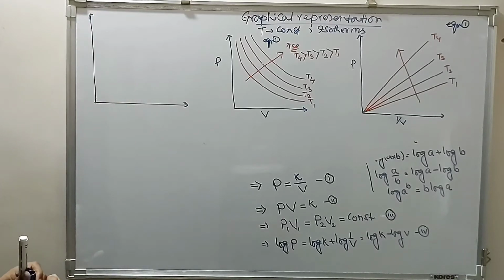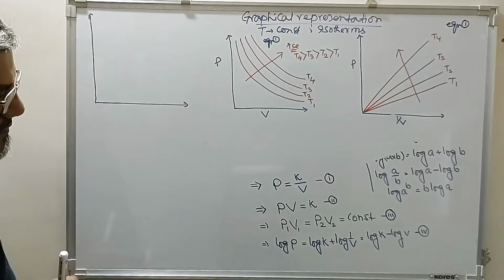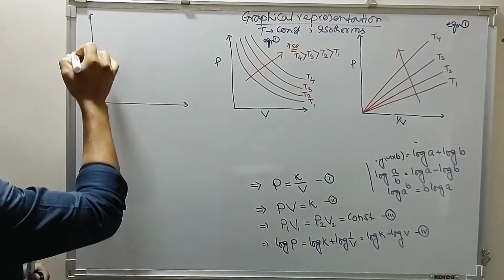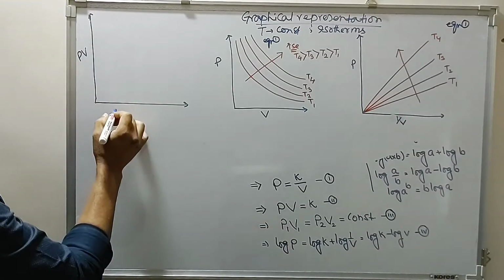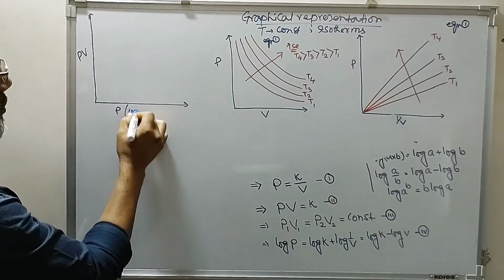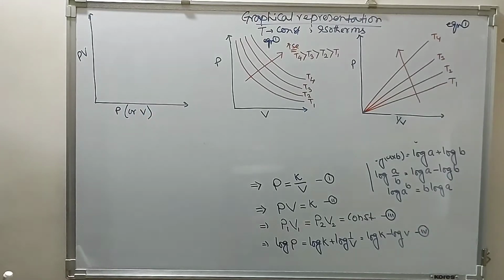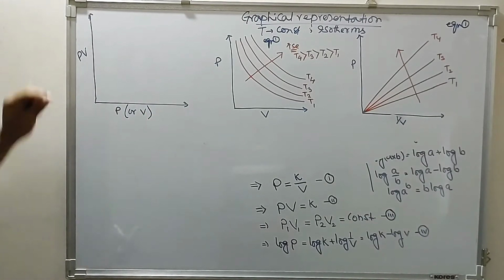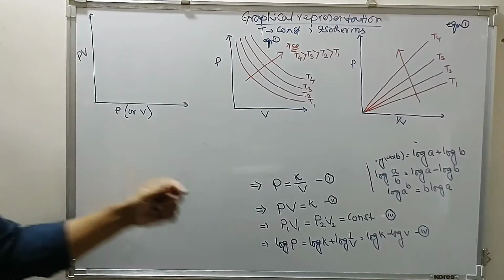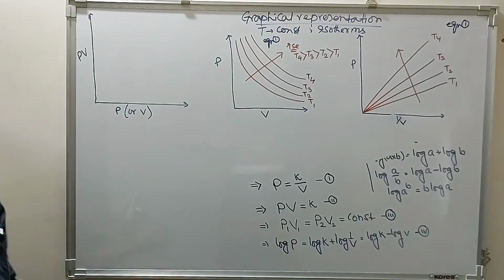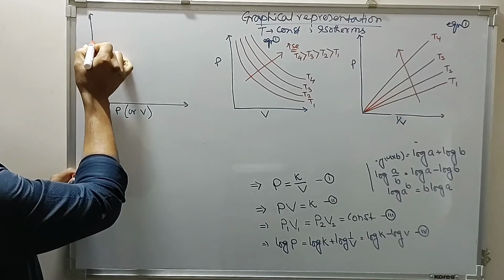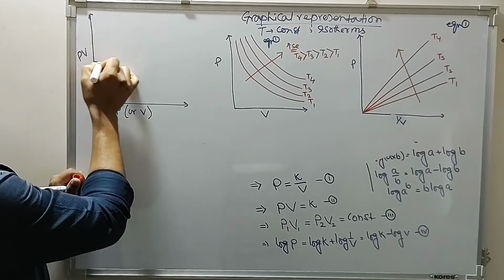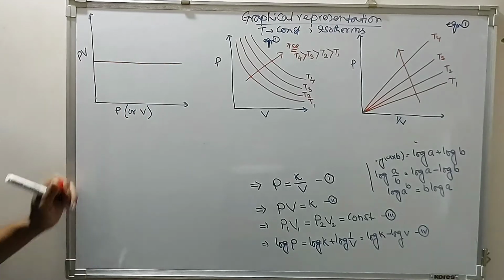We have looked at this pressure into volume. So we have pressure into volume versus pressure or volume. For any given pressure or any given volume, the product pressure into volume is always a constant. Since the product of pressure into volume is always a constant, this graph remains constant whether you increase the pressure or increase the volume.